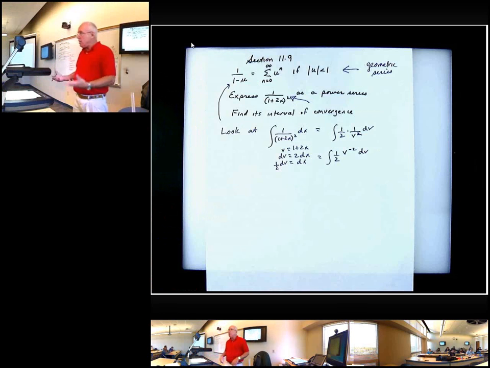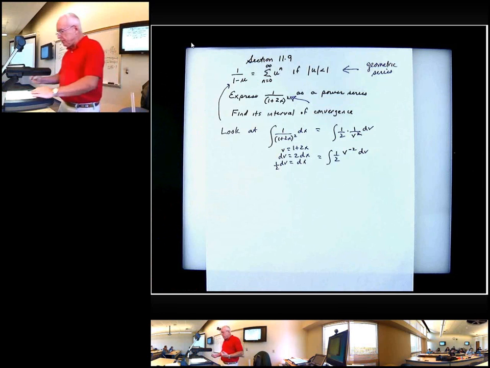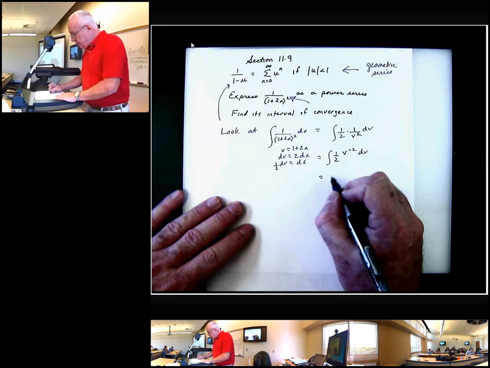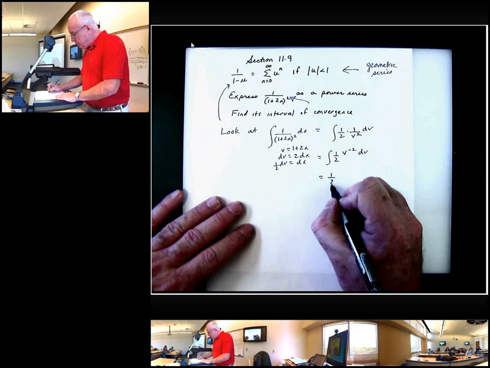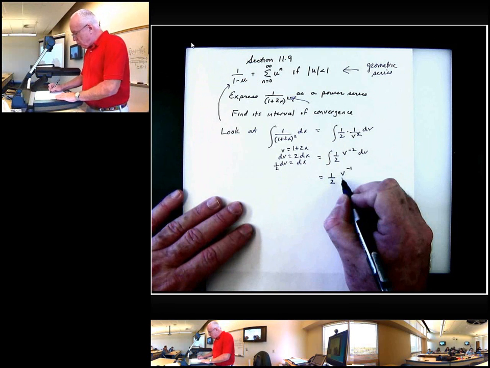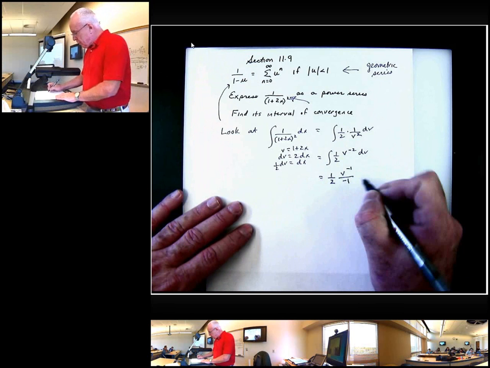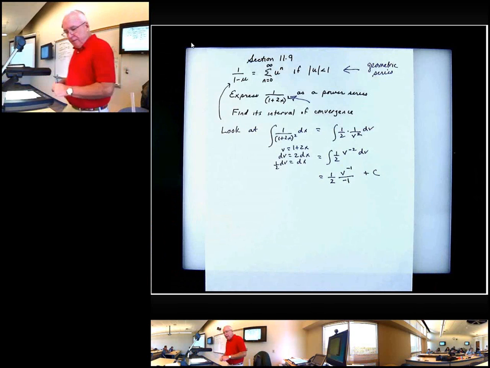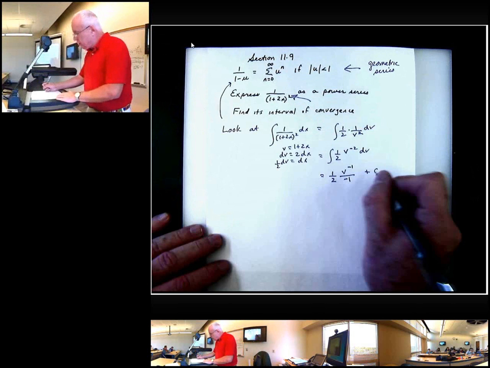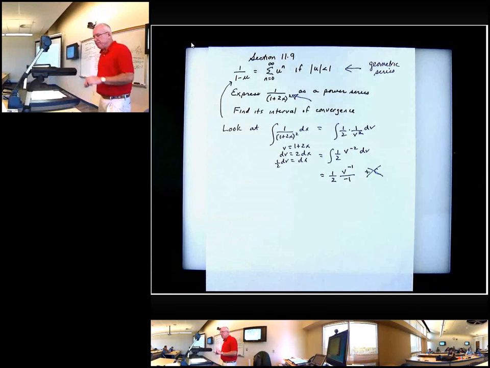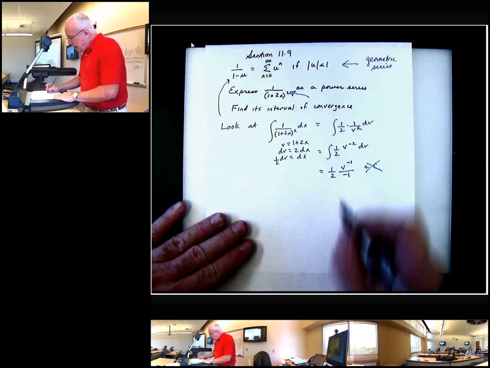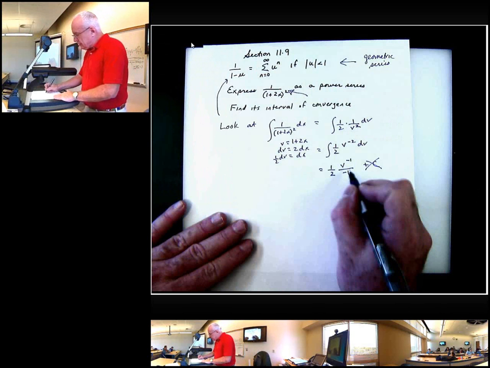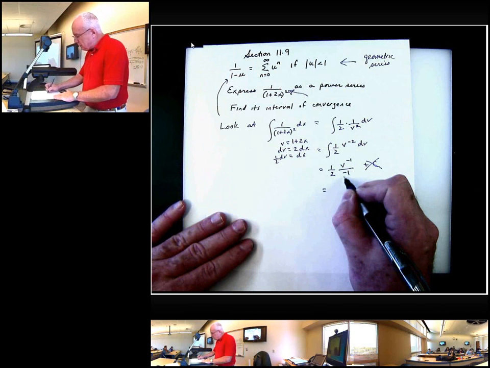And we're going to add 1 to the exponent, divide by the same. So this is going to give us 1/2 times v to the negative 1 power over negative 1 plus some capital C. And in fact, for right now, I'm not even going to worry about the capital C. And then let's see what this gets us. Let's bring the -1 out front.